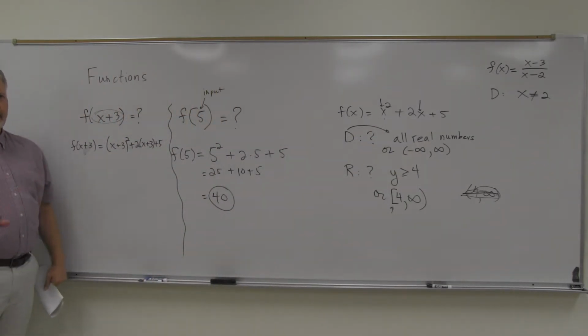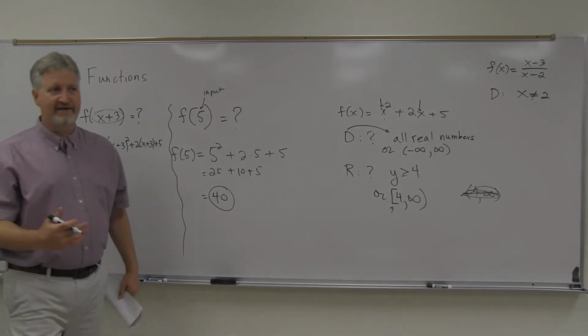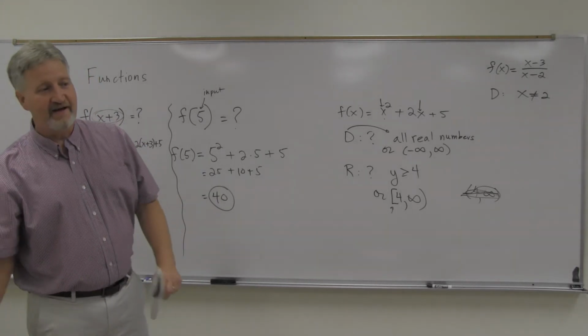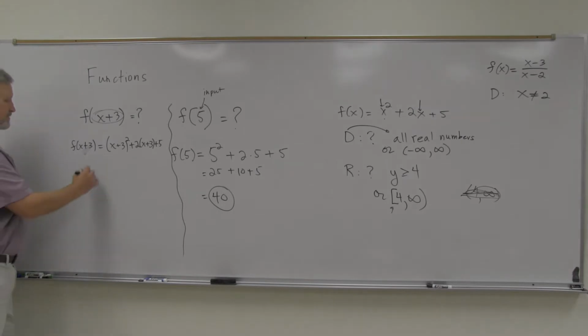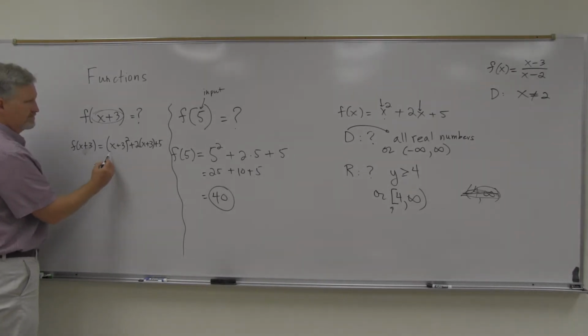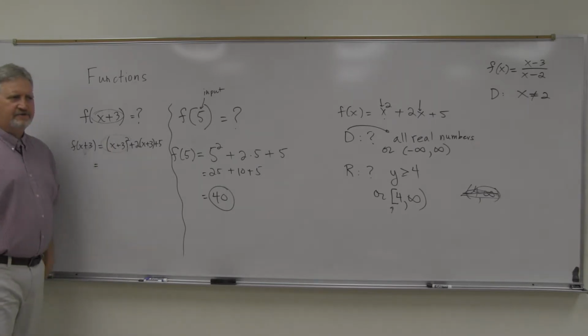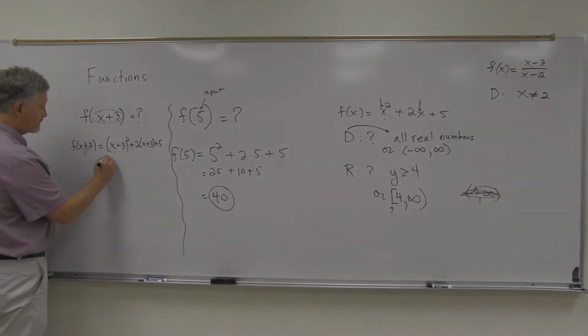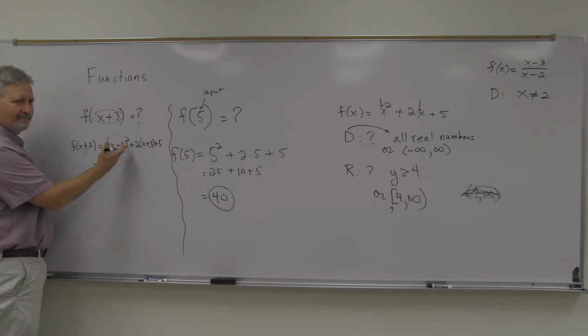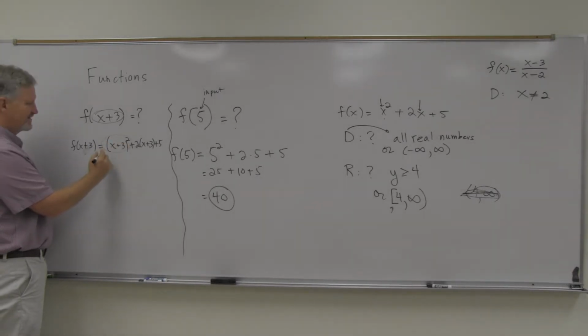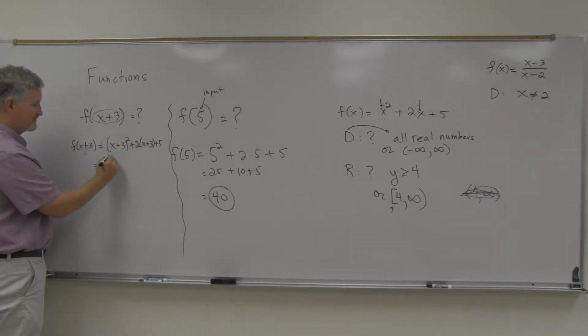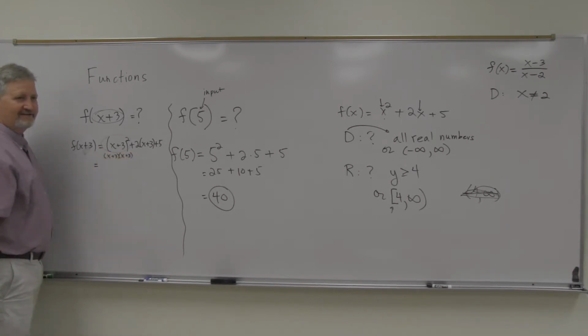And that's a pretty good answer, but typically what they'll want then is to go ahead and simplify that, expand it, and distribute and all that good stuff. I don't think I mentioned it yet in this class, but x plus 3 squared is not just squaring both of those, right? Because what this means is x plus 3 twice, and so we've got a little FOIL action there, I call it.